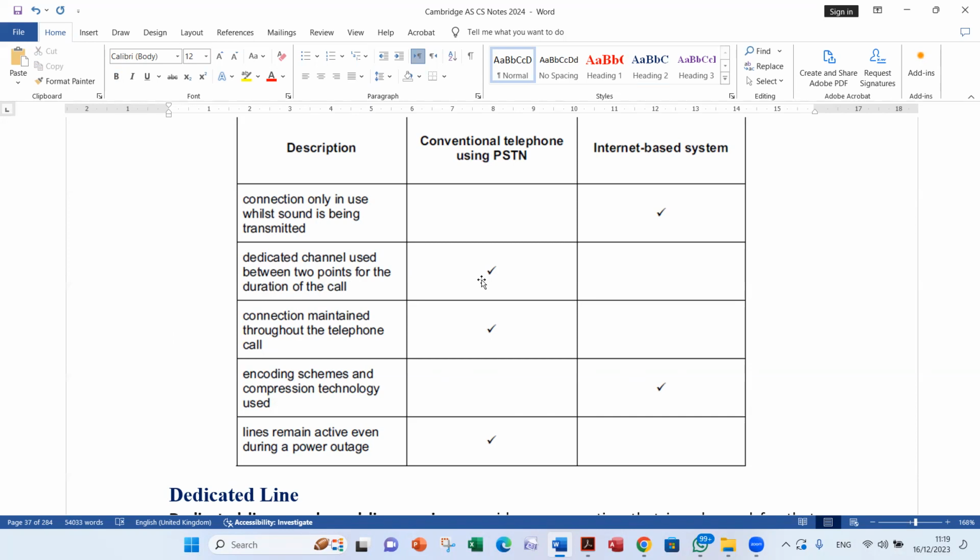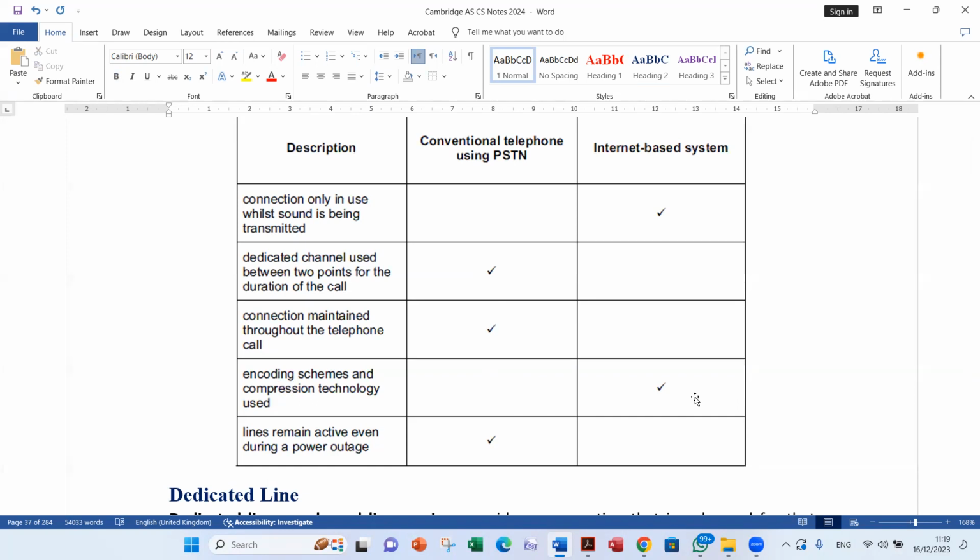Because with PSTN, you are charged for the whole duration of the phone call, regardless of whether you are talking or not talking. Connection maintained throughout the telephone call, again PSTN. Encoding schemes and compression technology used, this is only used in the internet-based system.